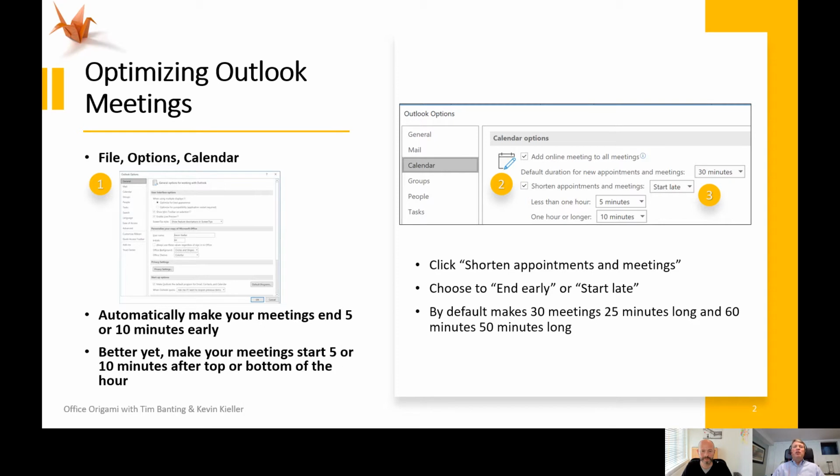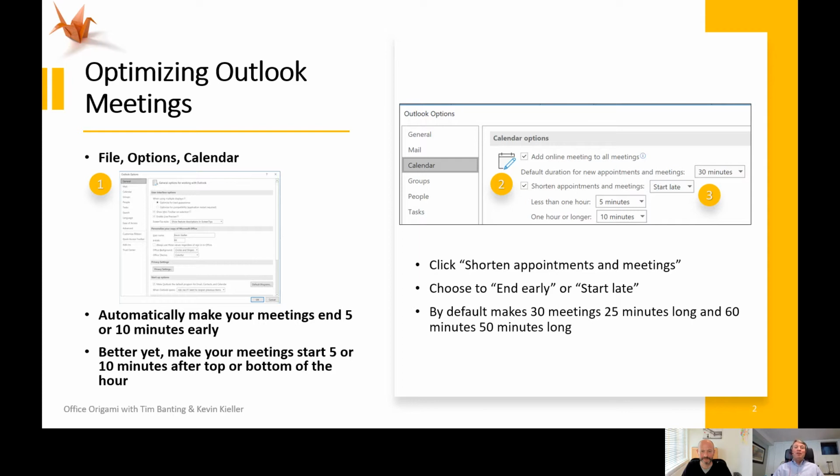And then you have 2 choices, and they just recently added the second choice. The first choice by number 3 is you can end early. So now when you book a half an hour meeting, it becomes 25 minutes, and that's great. That gives people time for a bio break or to stand up and stretch their legs before probably their next meeting.